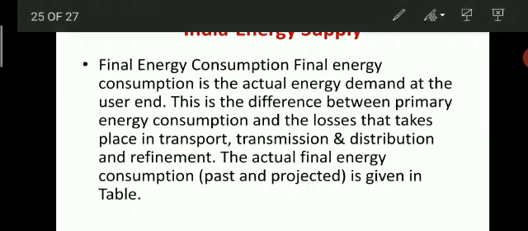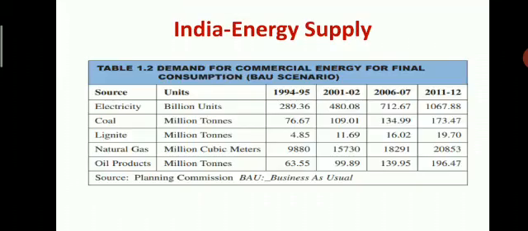Final energy consumption. Final energy consumption is the actual energy demand at the user end. This is the difference between primary energy consumption and the losses that take place in transport, transmission, distribution and refinement. The actual final energy consumption is given in the following table. Let us see that table. So electricity, coal, lignite, natural gas, oil products, these are the sources used in India for production of electricity.